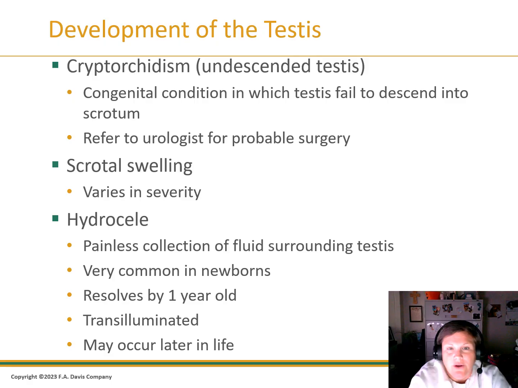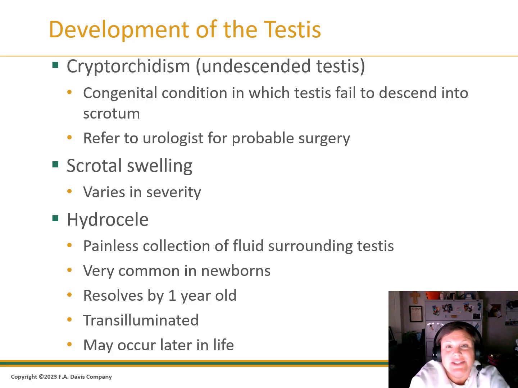So what typically happens is that when we see a newborn baby, we're evaluating for their testicular descent, but if it hasn't happened, we can allow some time for that to occur on its own. And typically it will.